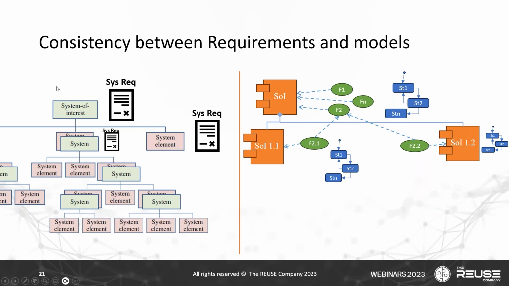So if we start with a top-level system of interest, we can consider it as a black box, so that we can write requirements for this system as a black box.